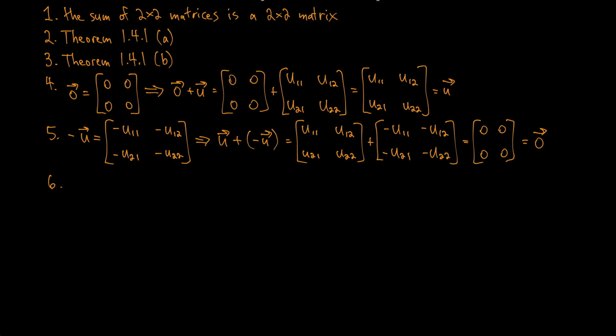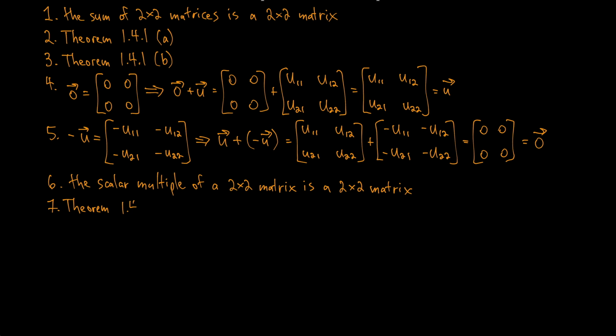So for number 6, it's going to be the same as number 1 pretty much. Remember the scalar multiple of a 2x2 matrix is still a 2x2 matrix. For number 7, for the scalar multiplication matrix properties, we can still use that theorem 1.4.1, which gave us all these properties.